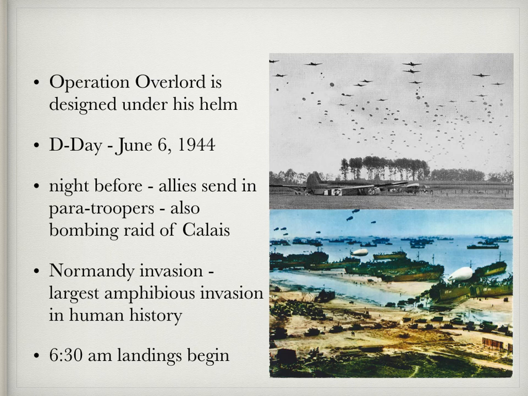They might have believed that it was happening further up the French coastline. So one of the big successful points of this invasion was the secrecy behind the operation, that no one knew the location or the time and date of when this was going to happen.